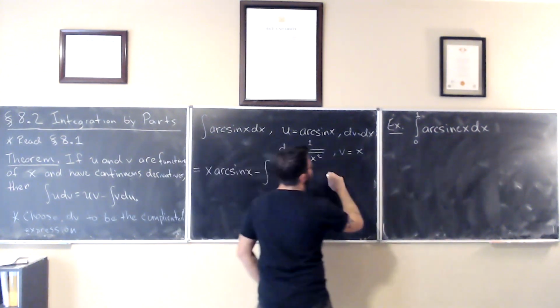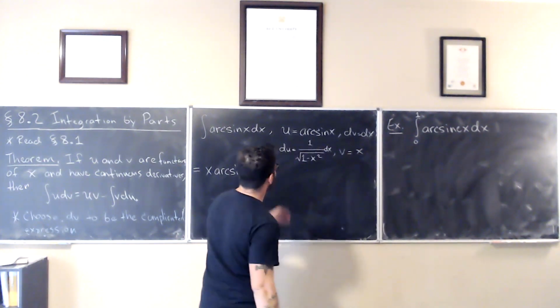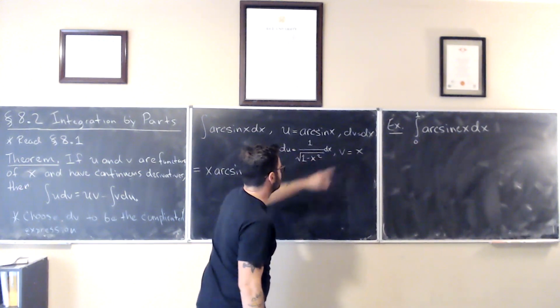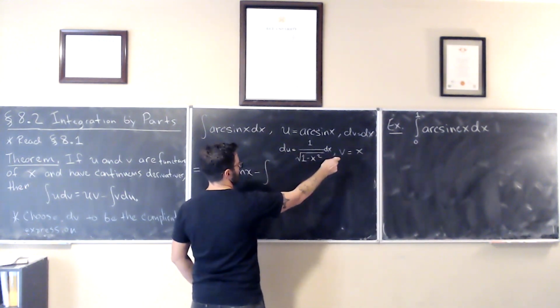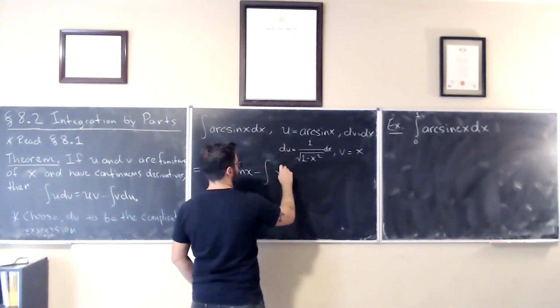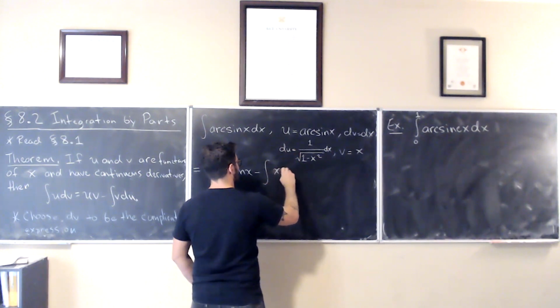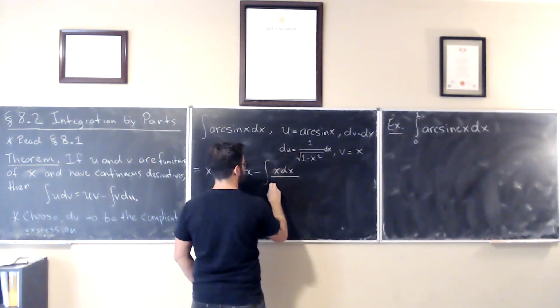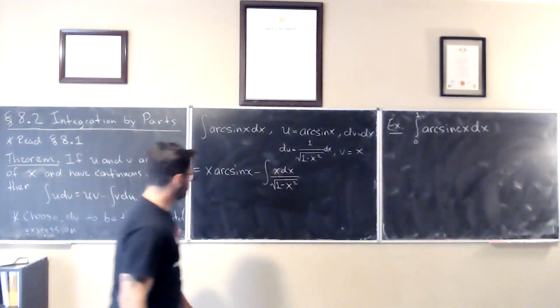Oh yeah, there's a dx here. I forgot to write the dx. Du, okay. So v du is now x dx all over root 1 minus x squared.